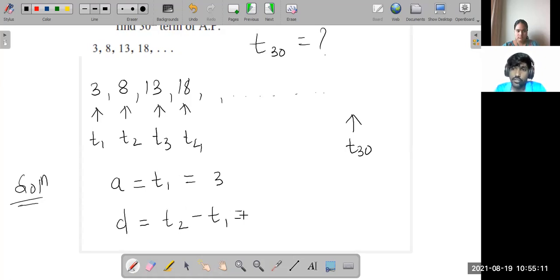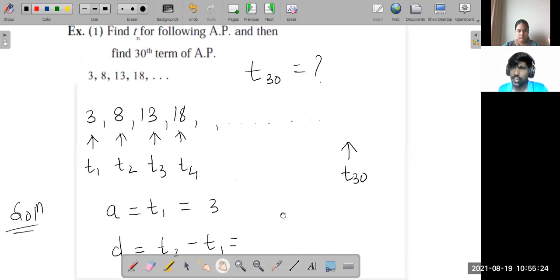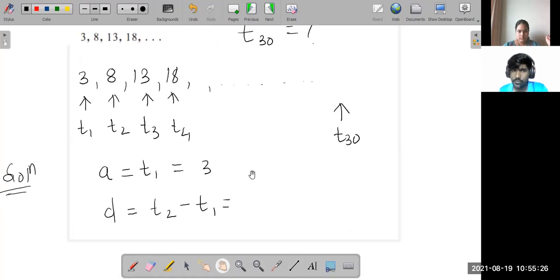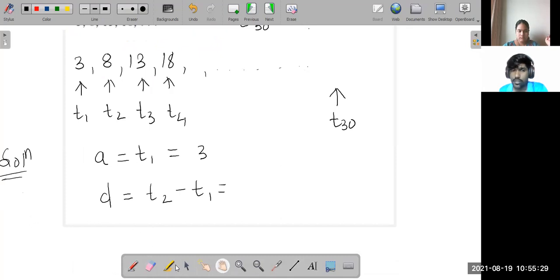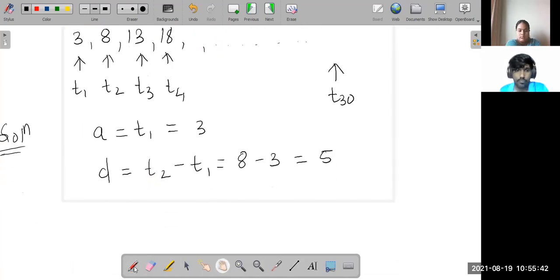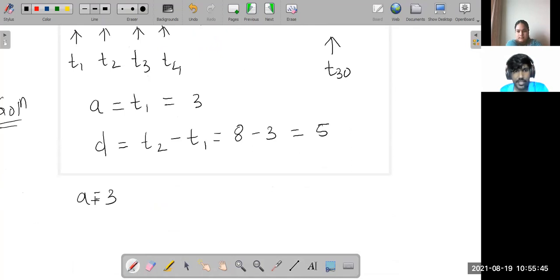If the question says to check whether it is an AP, you have to check the common difference for all the terms: T2 minus T1, T3 minus T2, T4 minus T3, and so on. But in this case, it is given that it is an AP, so to find the common difference, it is okay if you just do T2 minus T1. So T2 minus T1 will be 8 minus 3, which is 5. Is this clear? Yes. So A is 3, common difference is 5.